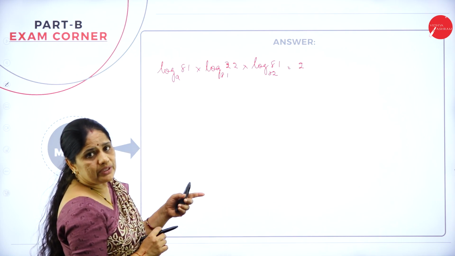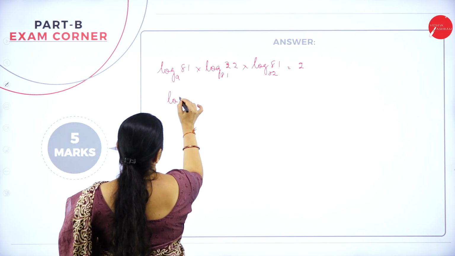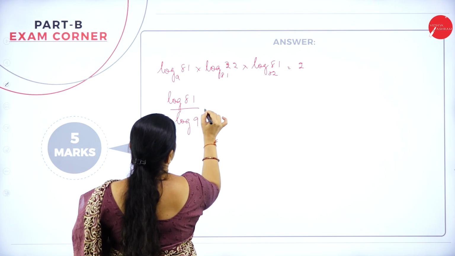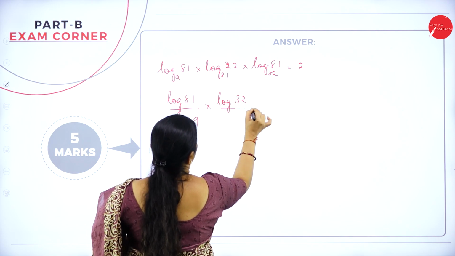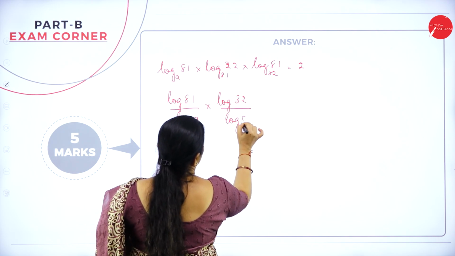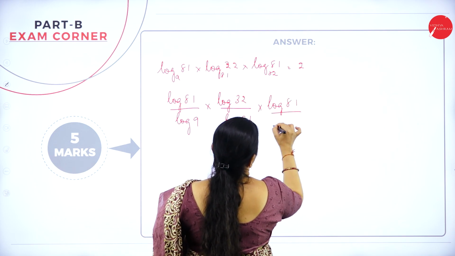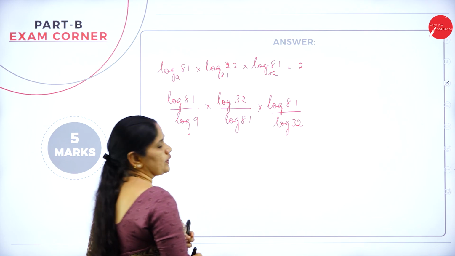So we have to prove that this expression is equal to 2. With the help of the change of base rule, I write it as log 81 by log 9, into log 32 by log 81, into log 81 by log 32.